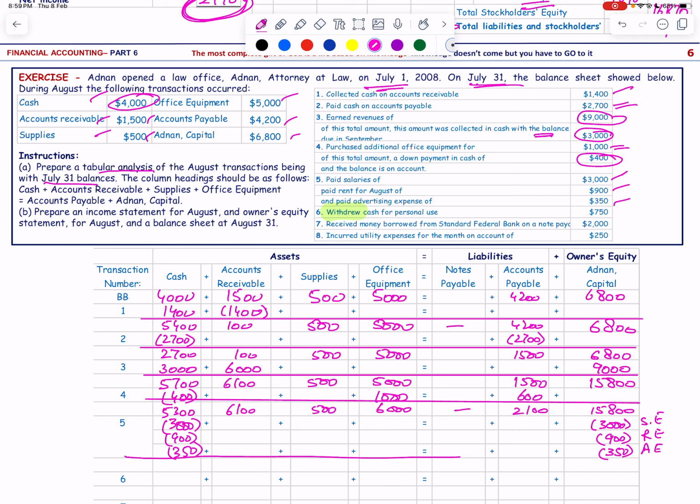Once again, we make the total, and the total is 1050, 6,100, 500, 6,000, 2,100, and then we have here 11,550.